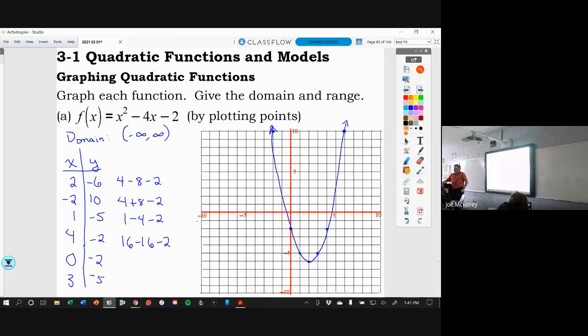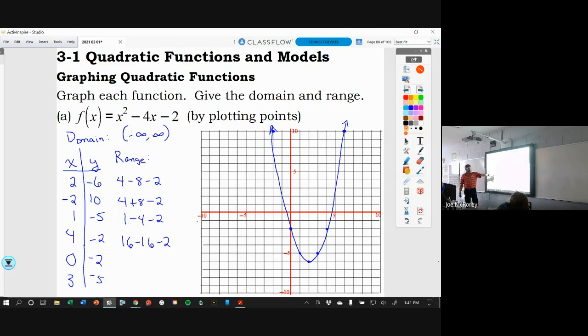On the board, what's the range? Negative 6 and greater. Okay, so does it actually start at negative 6? Is negative 6 included? Yeah, it is.